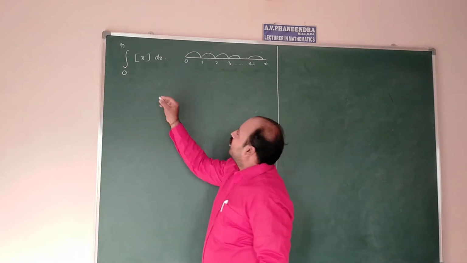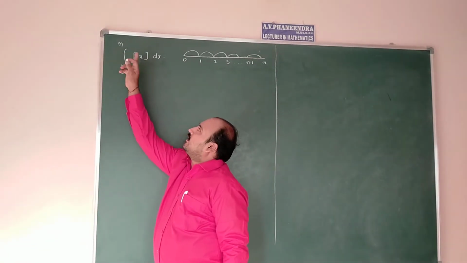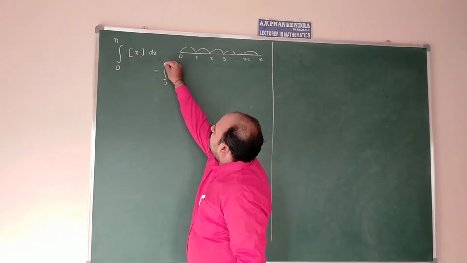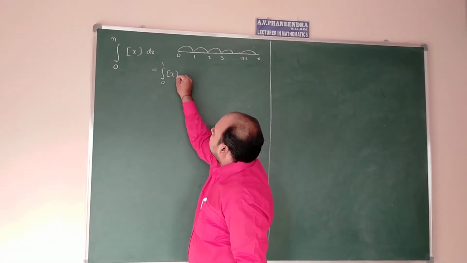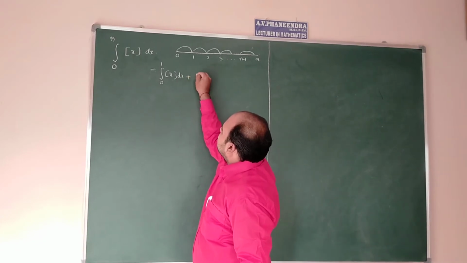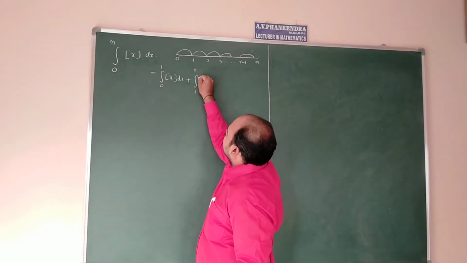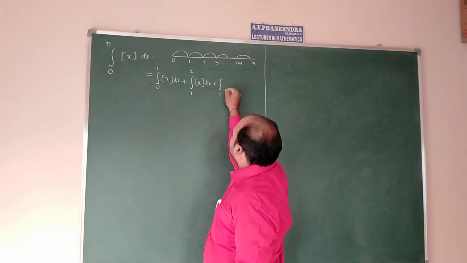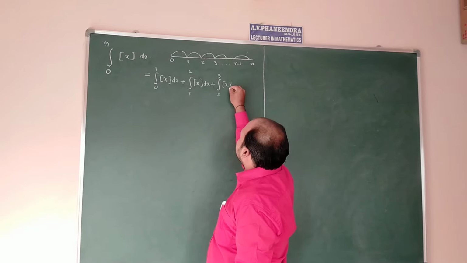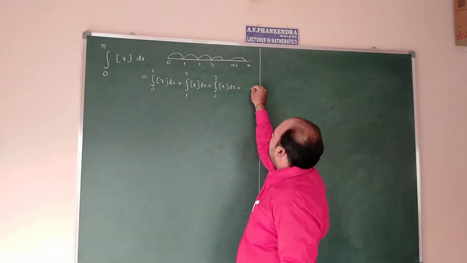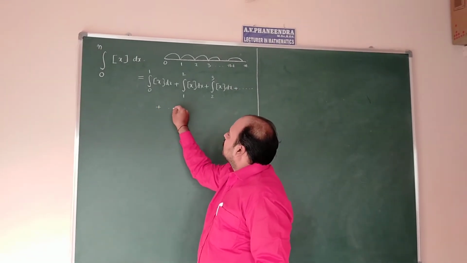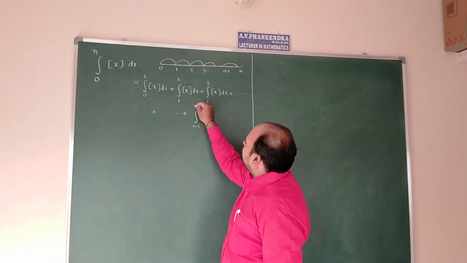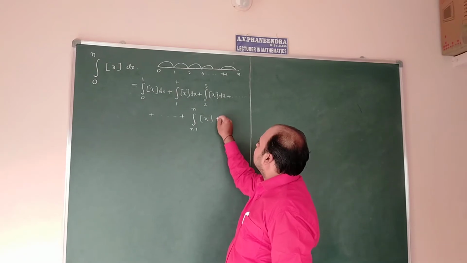Therefore, integral 0 to n step x dx equals integral 0 to 1 step x dx plus integral 1 to 2 step x dx plus integral 2 to 3 step x dx plus and so on, integral n minus 1 to n step x dx.